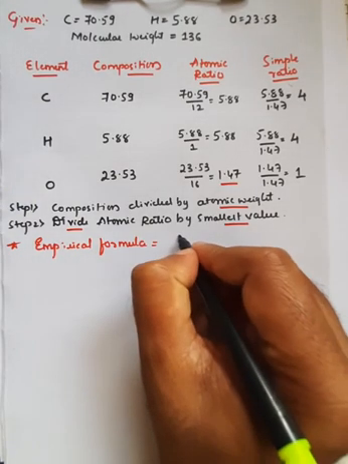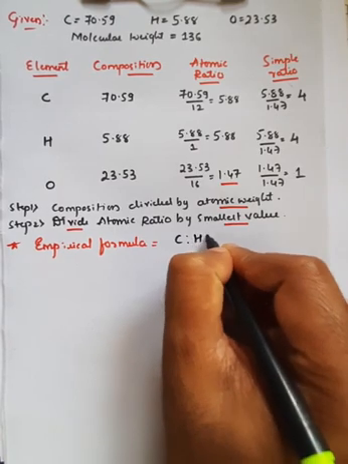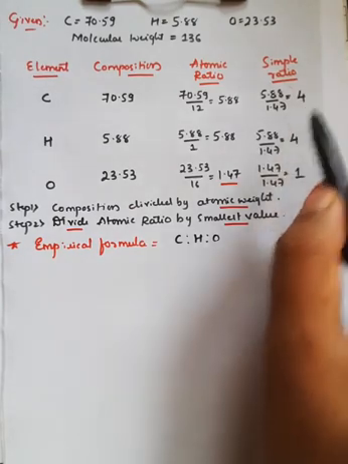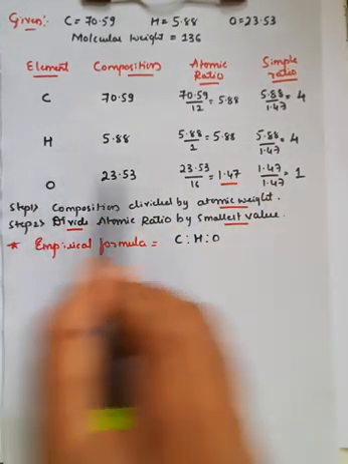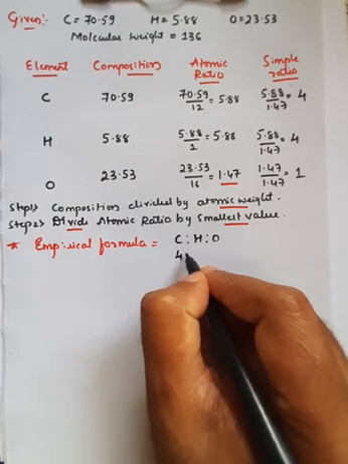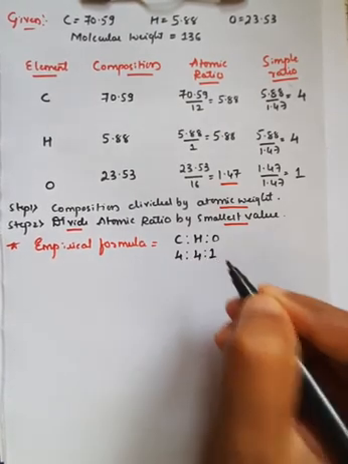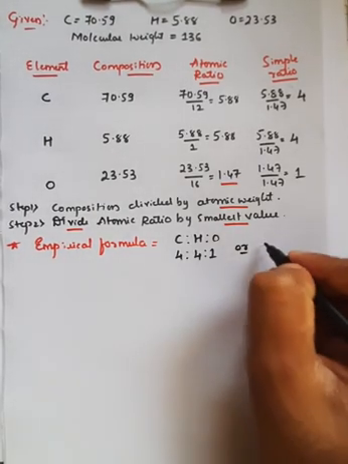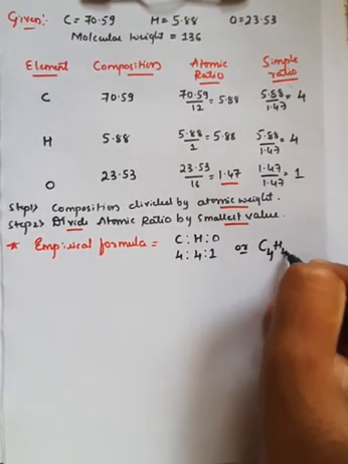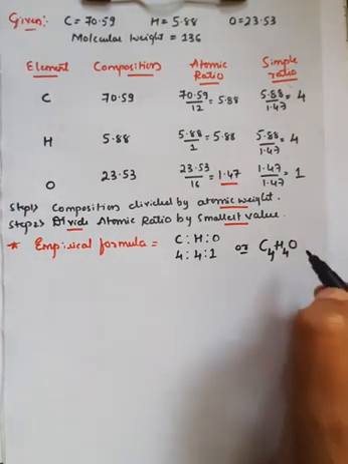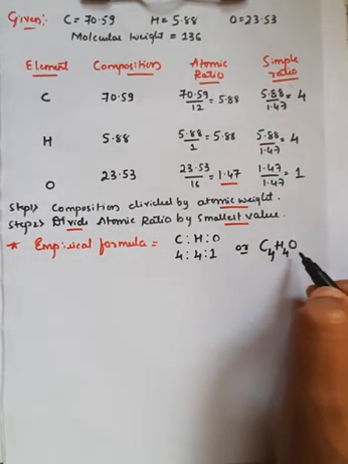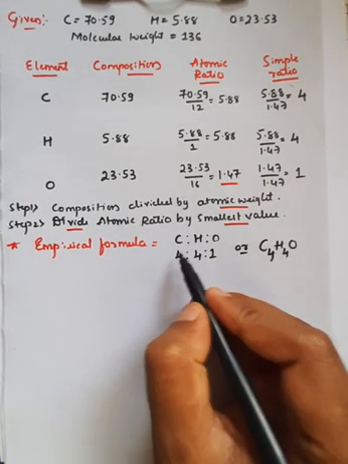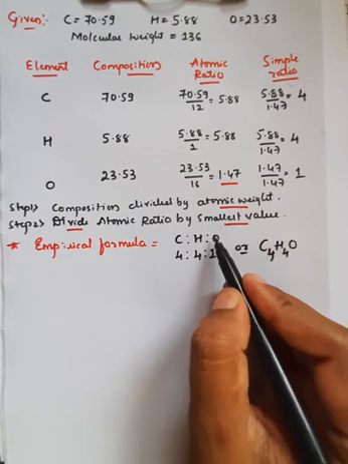So carbon to hydrogen to oxygen are in the ratio of 4 to 4 to 1. You can write it as C4H4O. Where nothing is written, the value is 1. So there are 4 carbon atoms, 4 hydrogen atoms, and only 1 oxygen atom.